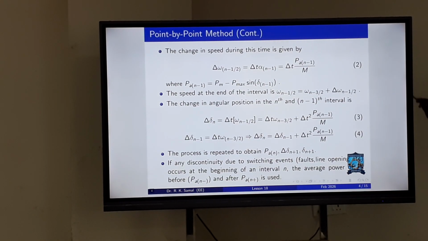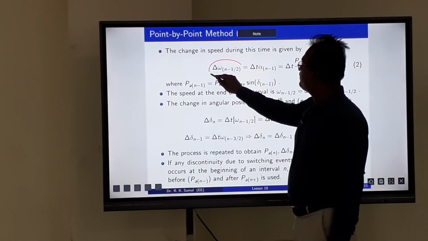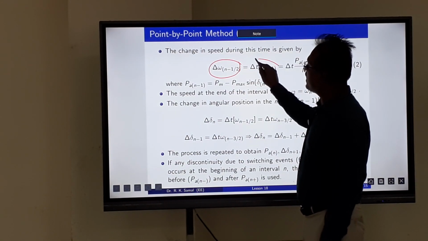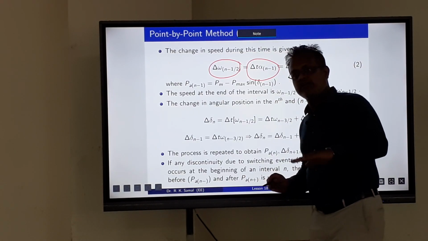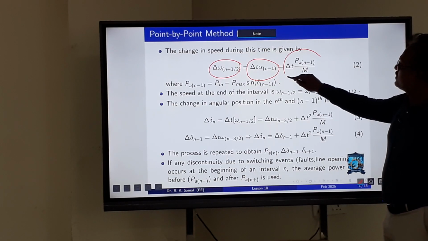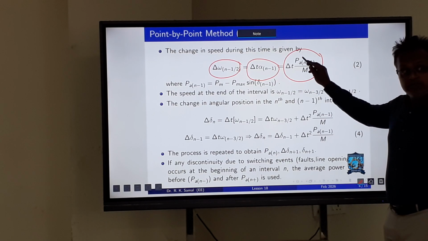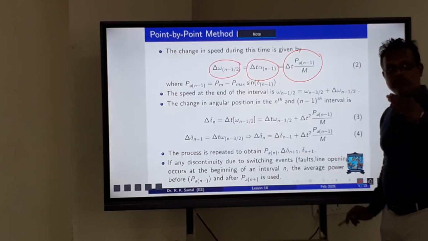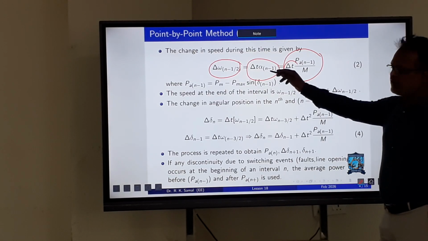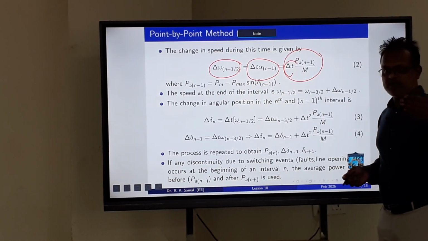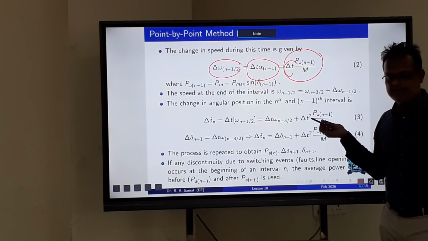For example, it is shown here in mathematical form. The change in speed is equal to delta t times the acceleration, which is assumed constant from the middle of the previous interval to the current interval. Acceleration into time is speed: dv by dt is a, so d omega by dt is alpha.